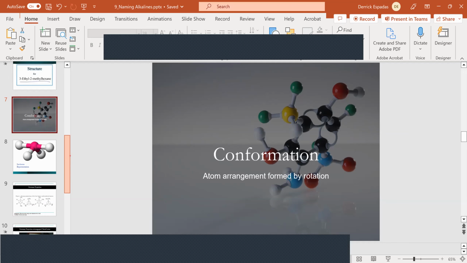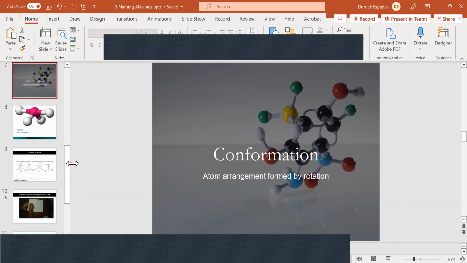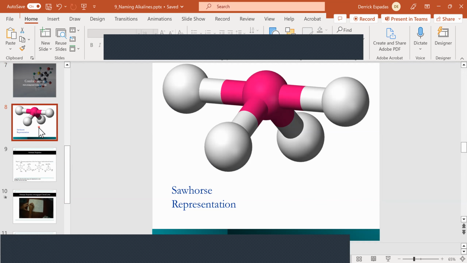Just keep in mind that when we make these models, the atoms are obviously static, but in reality atoms have a lot of movement going on with them, with the protons, electrons, and neutrons. So this is just another model. It's called the sawhorse representation, because it's set up 3D and linear at the same time, just like a sawhorse.